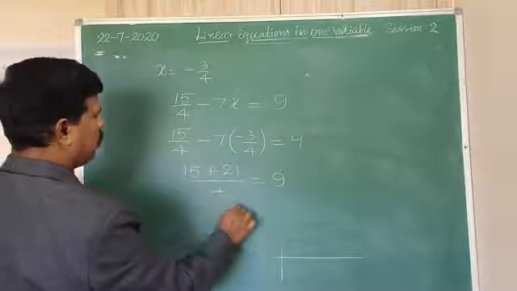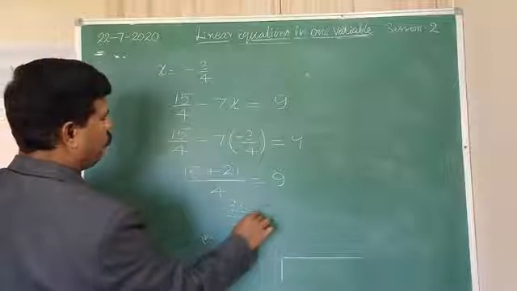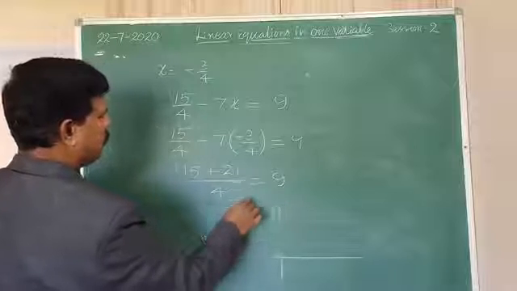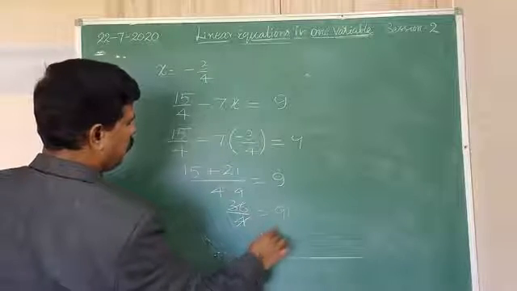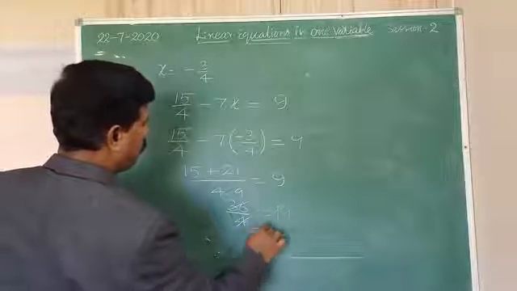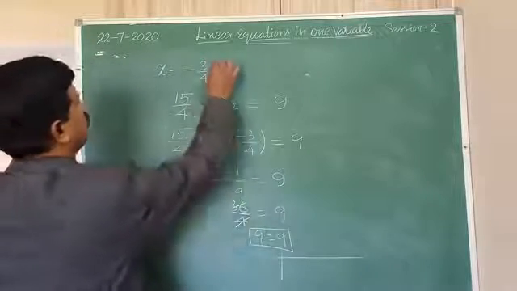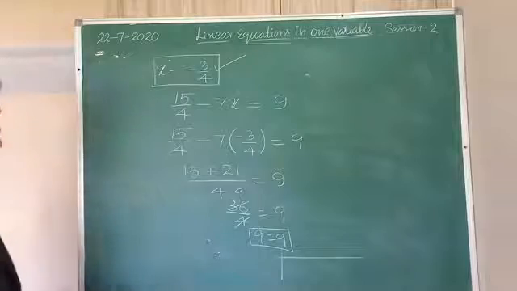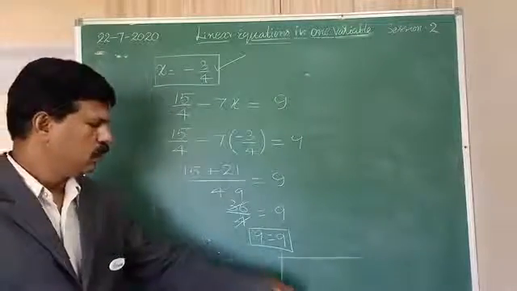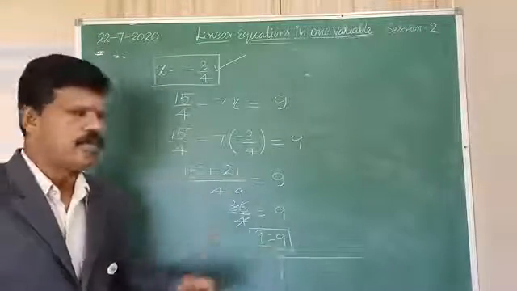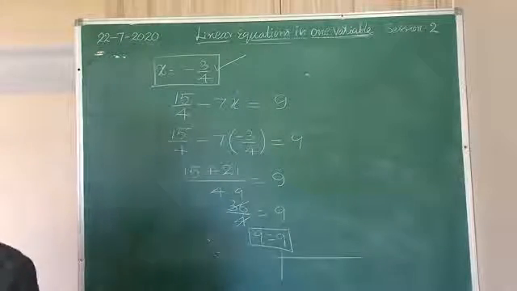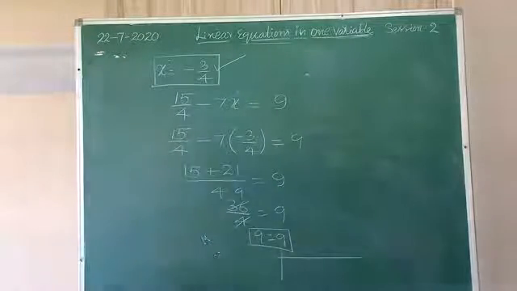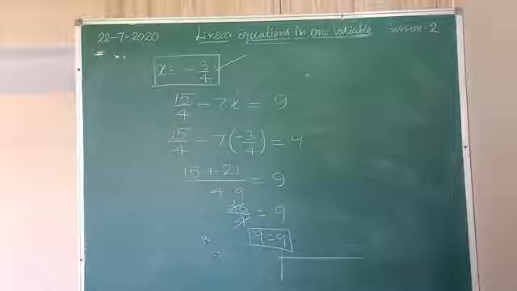Now this is 36 by 4 equals 9. 4 nines are 36, so 9 is equal to 9. So the solution x is equal to minus 3 by 4 is the correct one. Clear? So this is the verification of your solution, whether your solution is right or wrong. Clear?